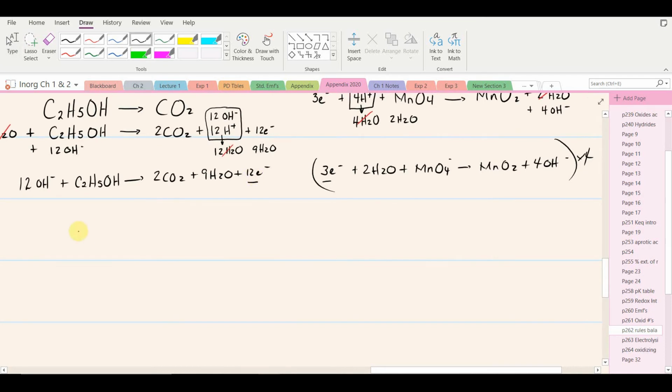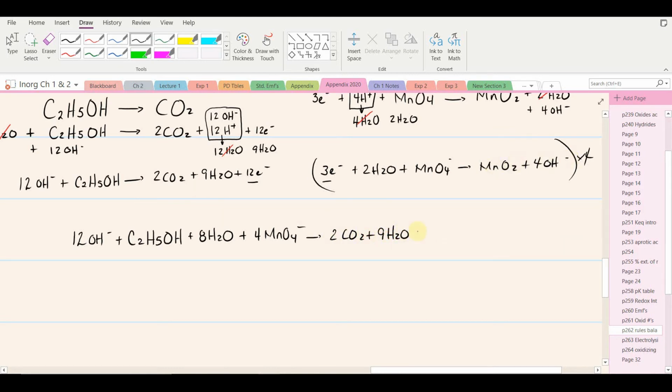So I have, my left side is 12 hydroxide plus ethanol. Okay, the other left side, 4 times 2 is 8 H2O and 4 permanganate. All right, the right sides, I have 2 CO2 plus 9 H2O.